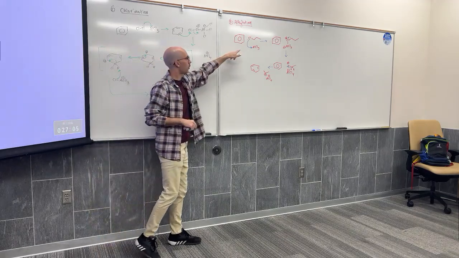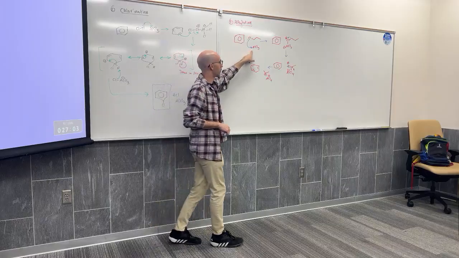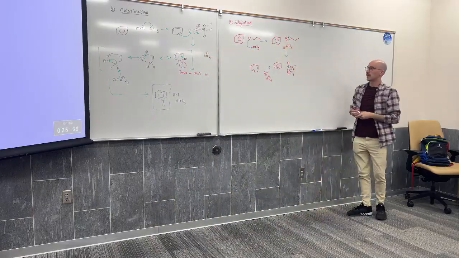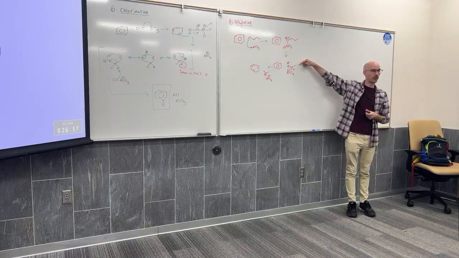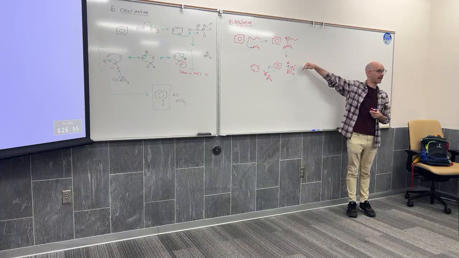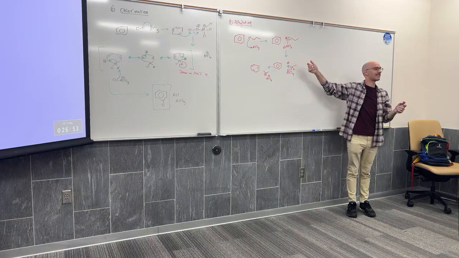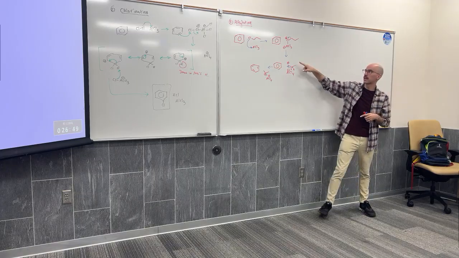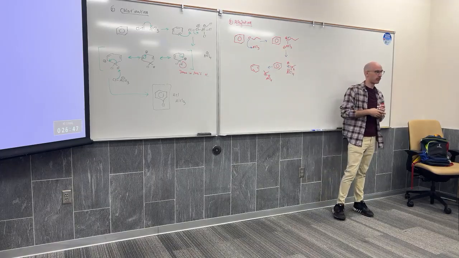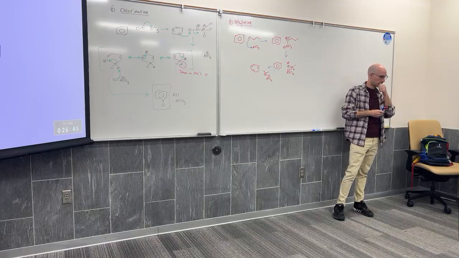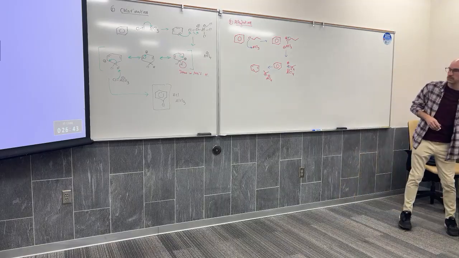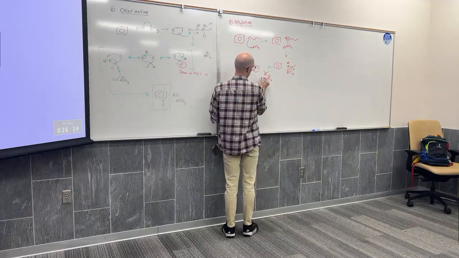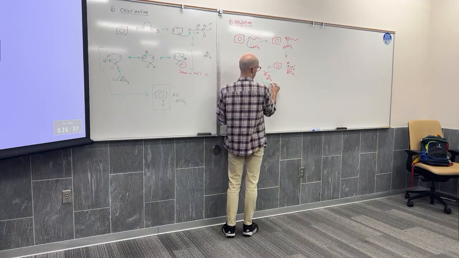So chlorine attacks aluminum, chlorine pops off, and I form my carbocation. My carbocation is the activated electrophile. It's now more electrophilic than my alkyl chloride was at the beginning. Of course, because it rearranges, we really only see it here.